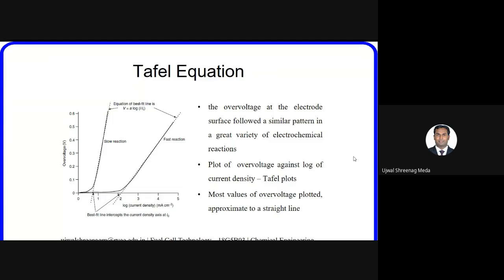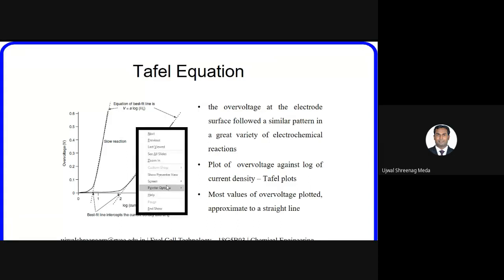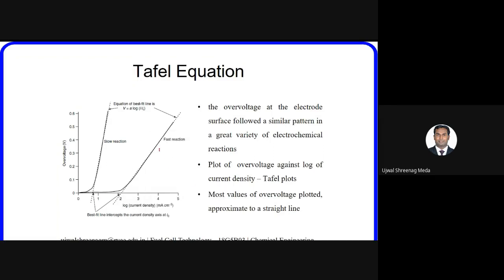Likewise, if we consider the second curve, for the fast reaction, this indicates that when the reactions are faster, the losses at low current density are almost nil.